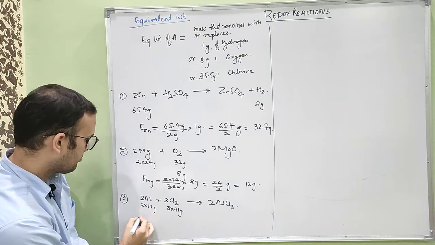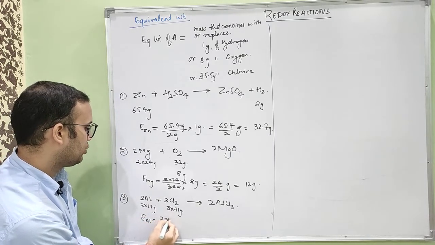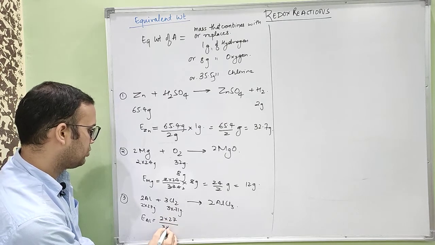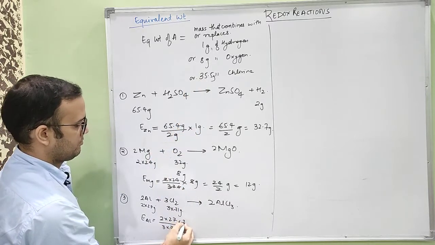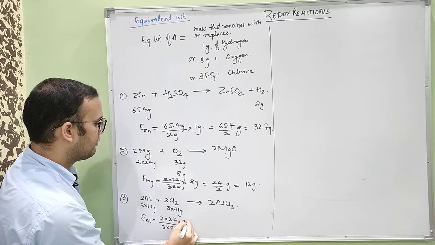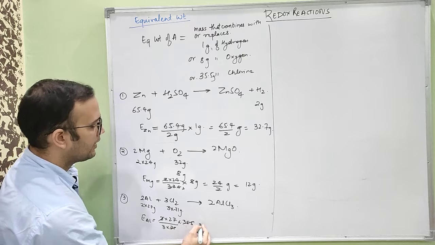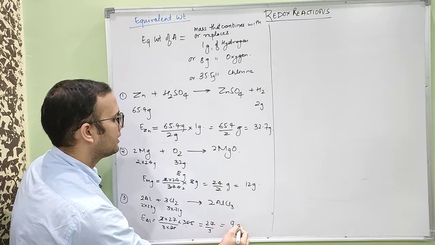So the equivalent weight of Al will be 2 into 27 upon 3 into 71 into 35.5. If you divide it, we will get 27 by 3, which is 9 grams.